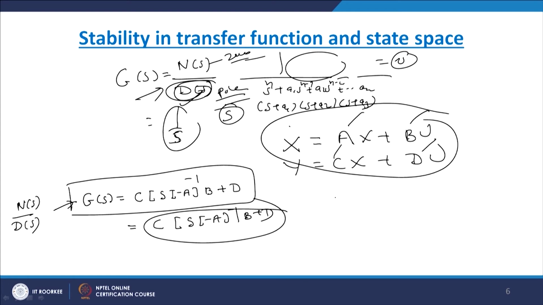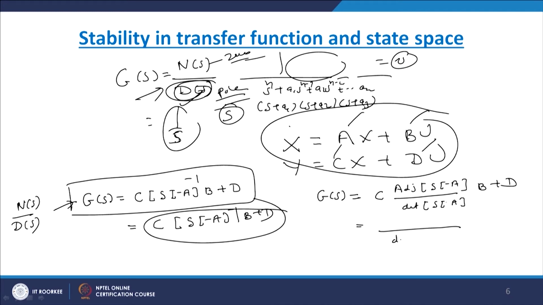Therefore, we can write G(s) equals C adjoint of (sI minus A) divided by the determinant of (sI minus A), B plus D, and again we solve this.